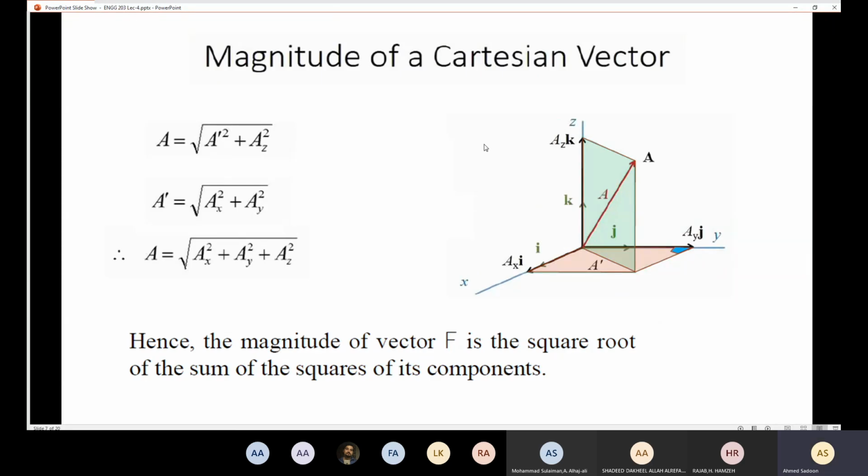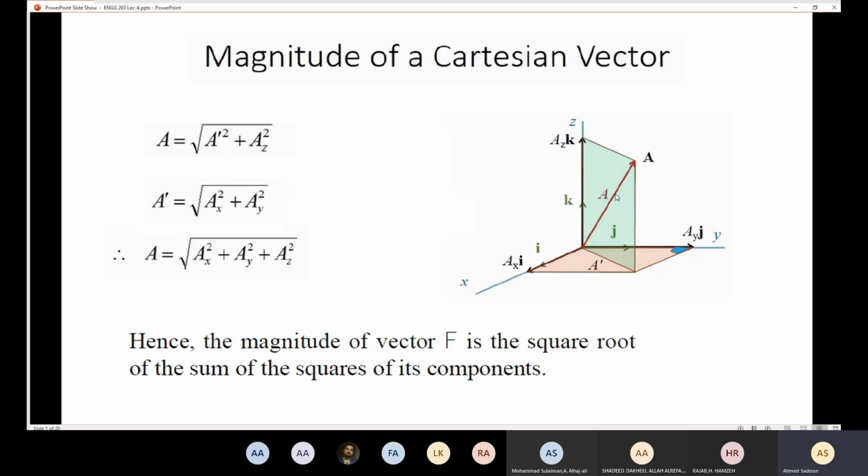Also, in order to calculate the magnitude of the Cartesian vector, like you can see here, we have a right angle here. So also we are going to use the cosine law, except that the angle here is 90 and cosine 90 is 0. Then the part where you have minus 2ab cosine of the opposite angle is going to be gone because this one is 0.